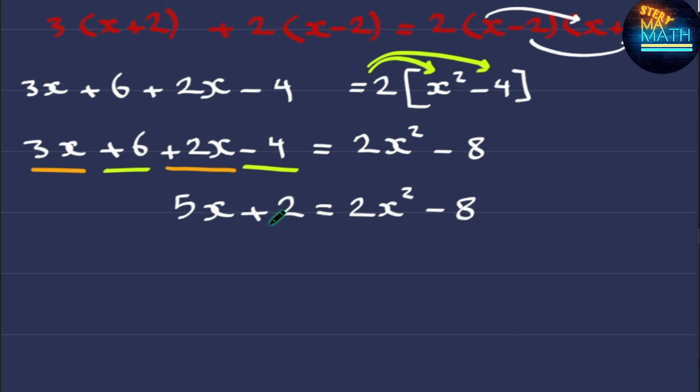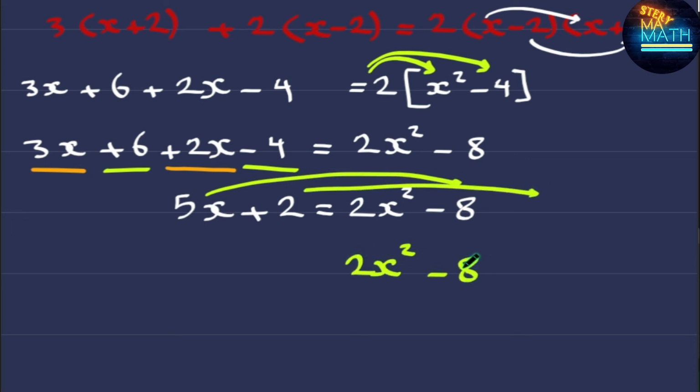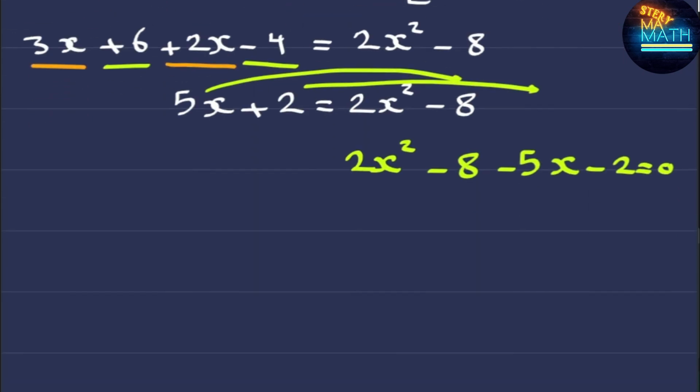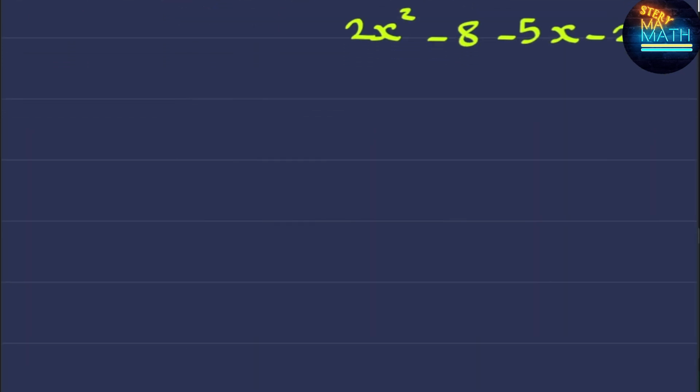Rearranging by moving 5x plus 2 to the other side: 2x squared minus 8 minus 5x minus 2 is equal to 0. Negative 8 minus 2 is negative 10. So the final equation is 2x squared minus 5x minus 10 equals 0.